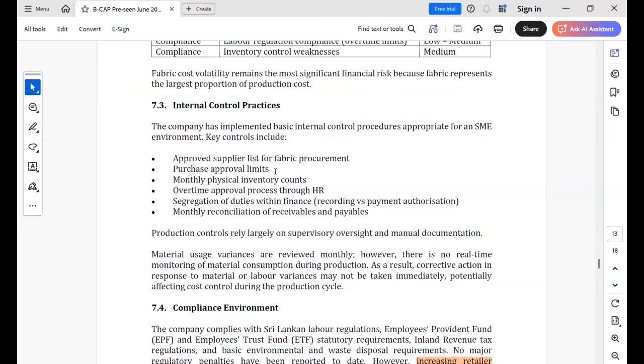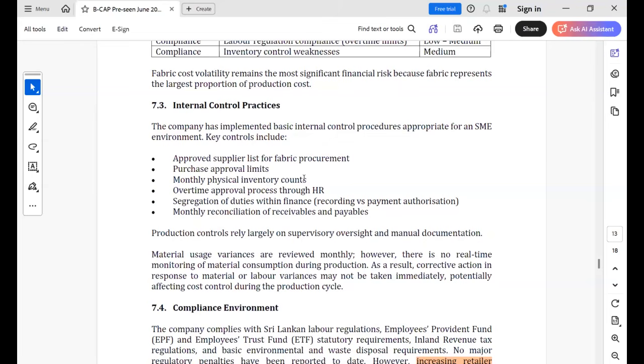And also the monthly physical count wouldn't work. It doesn't work. For a manufacturing company, you must implement a daily cycle count. There is no daily cycle count here. Cycle count means not the full count, a sample.